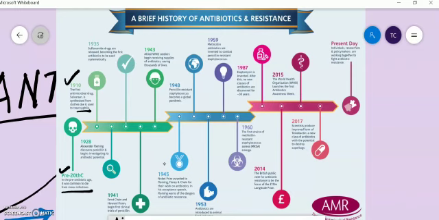I talked to you in the last class that syphilis is a sexually transmitted disease caused by Treponema pallidum. It is one of the gravest diseases because this organism grows inside the cell. So the antibiotic has to penetrate the cell to kill the organism. That is why killing of the organism is a bit difficult.